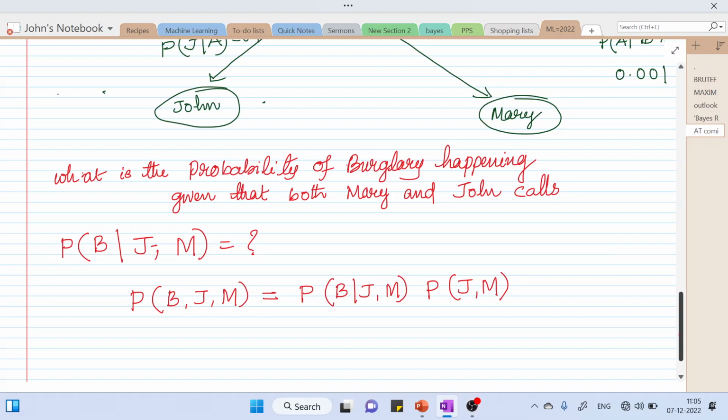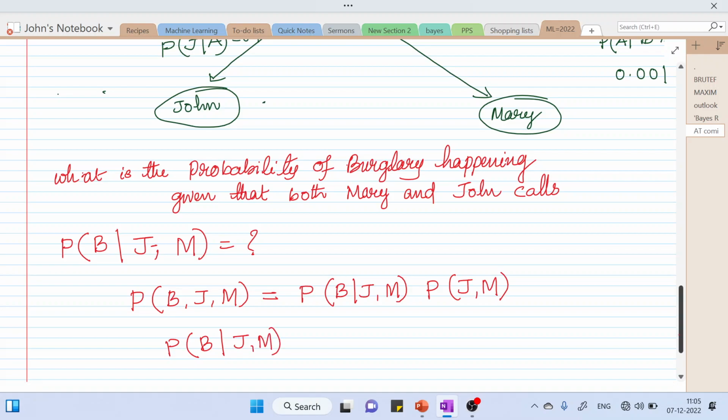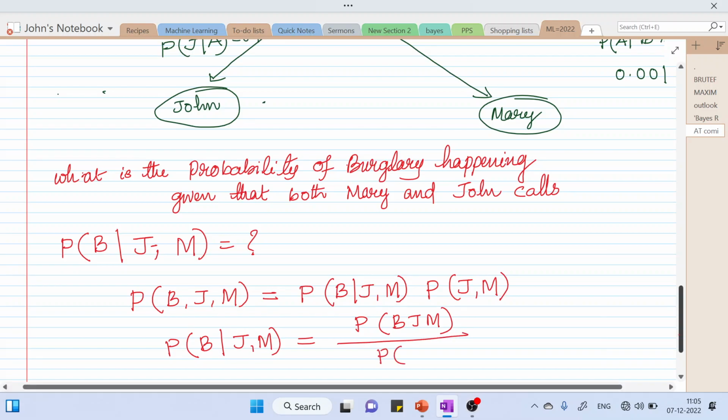In other words, the probability of burglary given that John and Mary called is the probability of all the events occurring together divided by the probability of John and Mary calling.